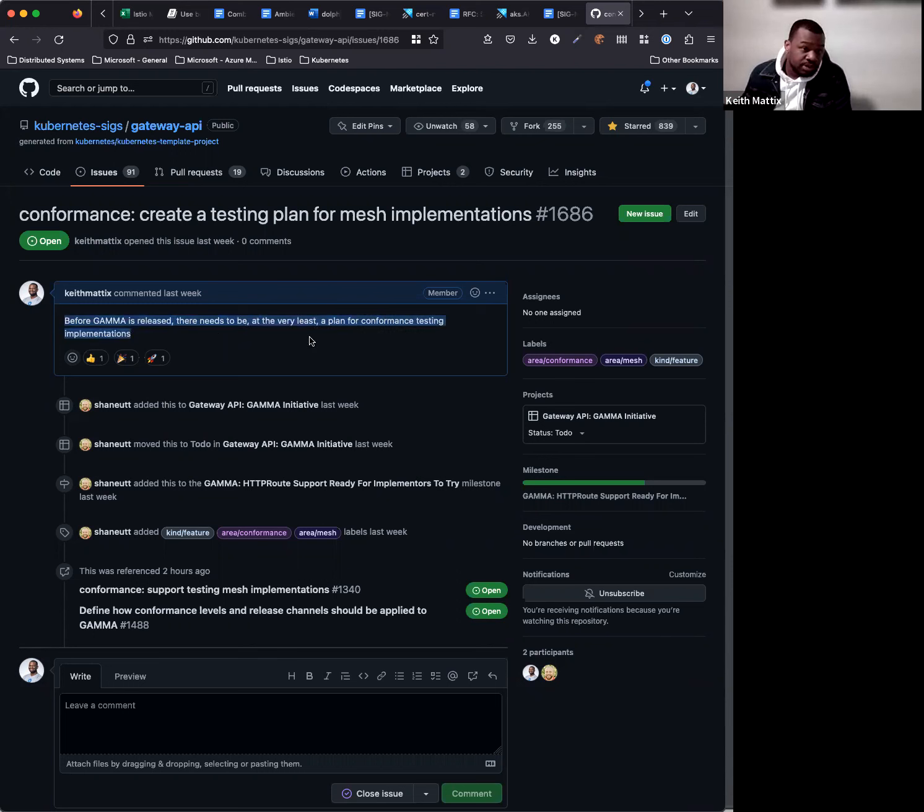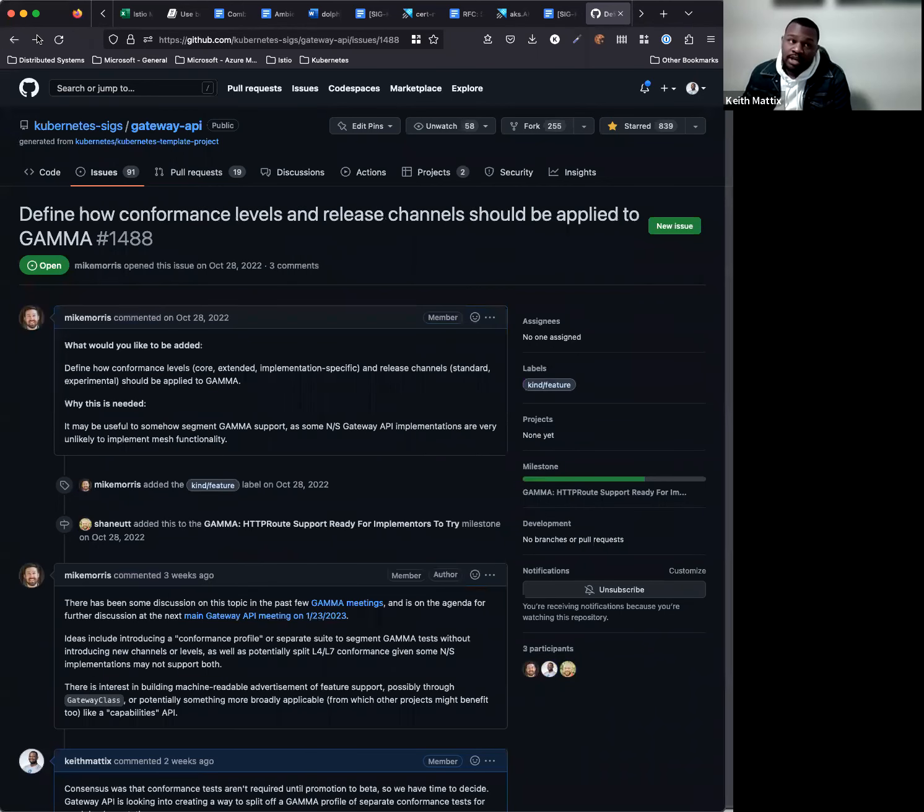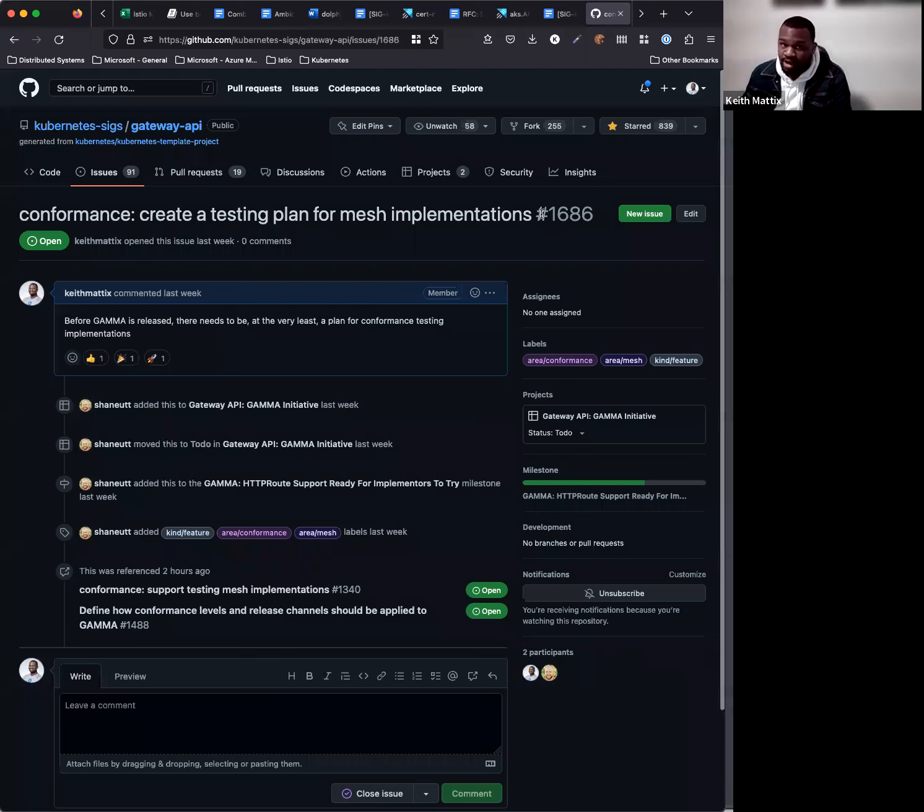And this issue captures that. I'm wondering if we need this particular issue in the milestone, and if this new issue 1686 is sufficient. My POV is 1686 is probably sufficient here, based on our previous conversations, but I'm open to hear others' opinions.